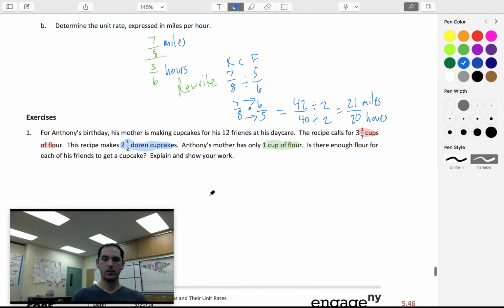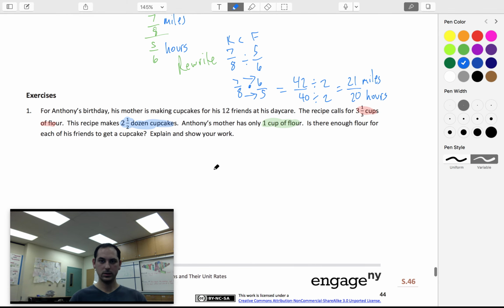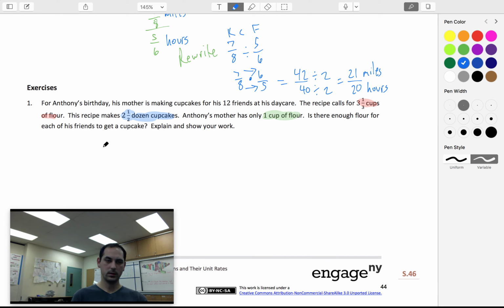Right. So the way that I teach this one, because we could find the unit rate by, well, let's see what we get from y over x and see if this solves our problem, and then I'll show you another way if it doesn't. So on this one, we have 3 1/3 cups of flour, and this recipe makes 2 1/2 dozen cupcakes.